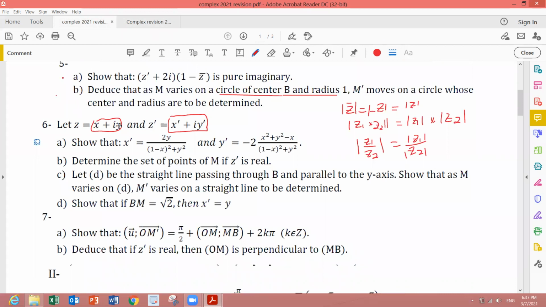Now part B. Determine the set of points of M when Z prime is real.